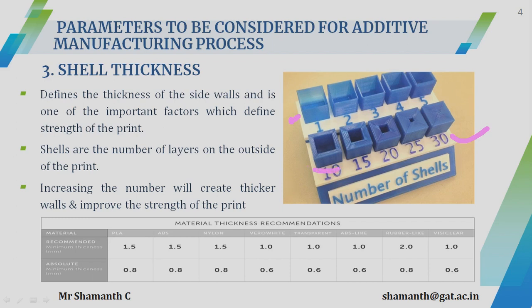See here the 10 shells have sufficient thickness, and the thickness of each shell has recommendations. Here you can see this table, the recommended minimum thickness of each shell as well as the absolute minimum thickness each shell can have, and based on different materials you have different thicknesses.